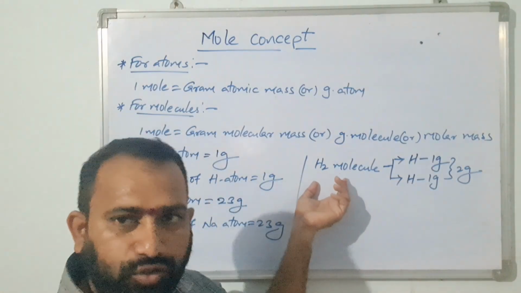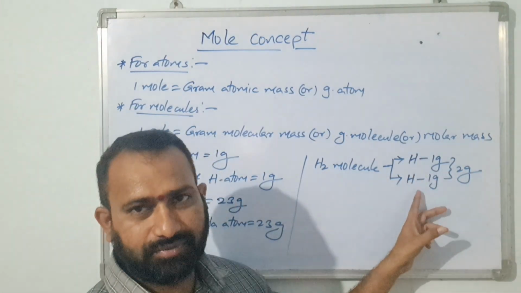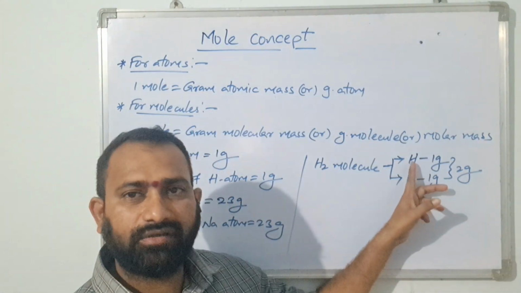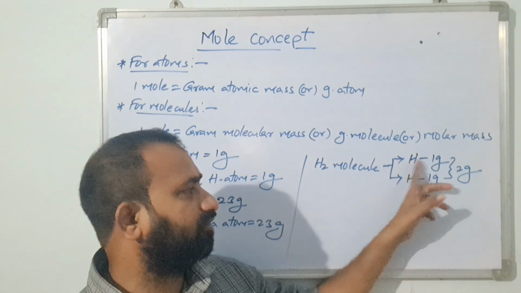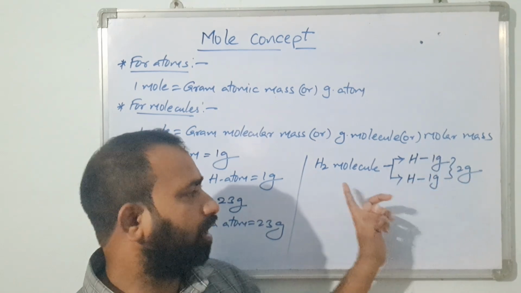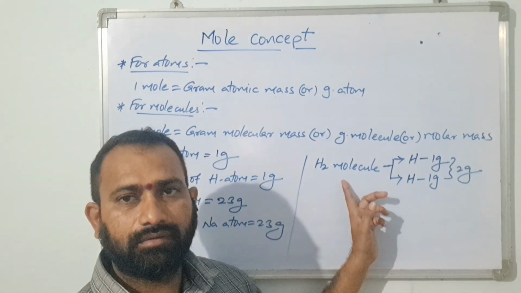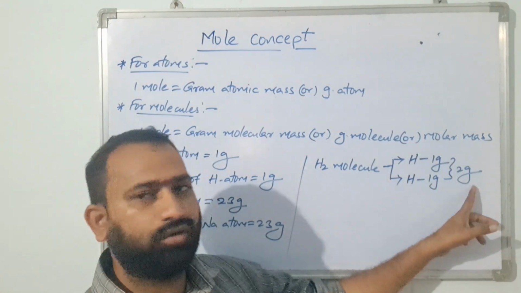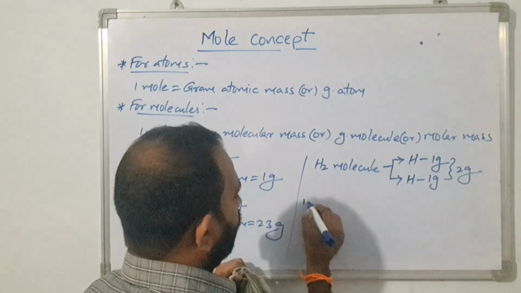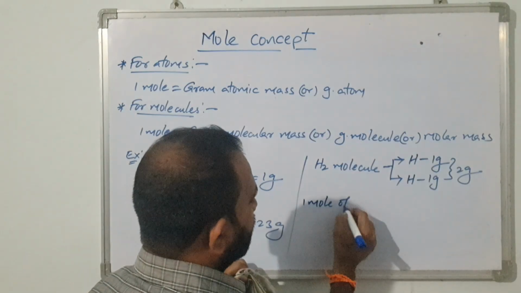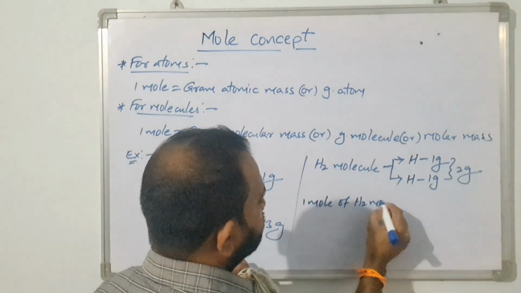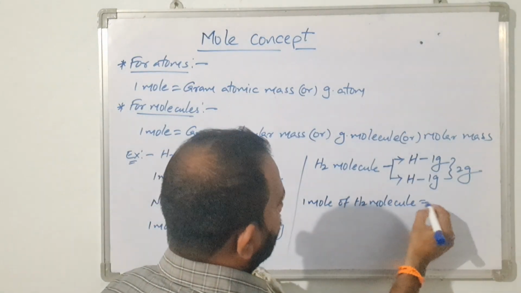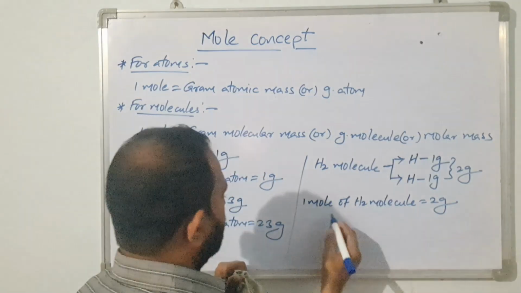Molecular weight is the sum of atomic weights, so 1 plus 1, 2 grams. That means 1 mole of H2 molecules is equal to 2 grams.